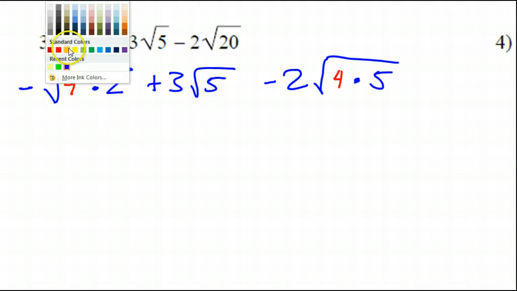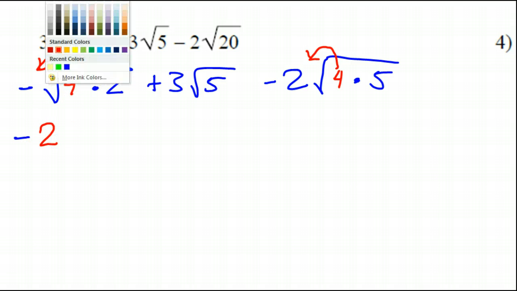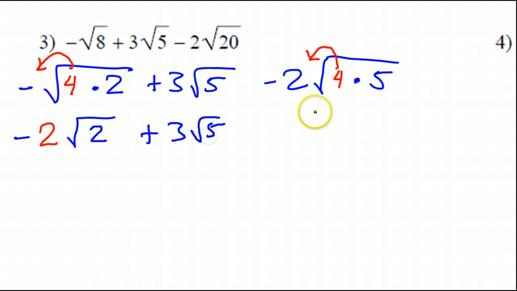Everything in red is going to simplify and come outside of the radical and multiply if there's a number already there. So I'm going to have my negative. Now the square root of 4 is 2, and that's going to come outside of the radical. But this 2 is still inside the radical. Alright, this blue 3 radical 5 is not going anywhere.